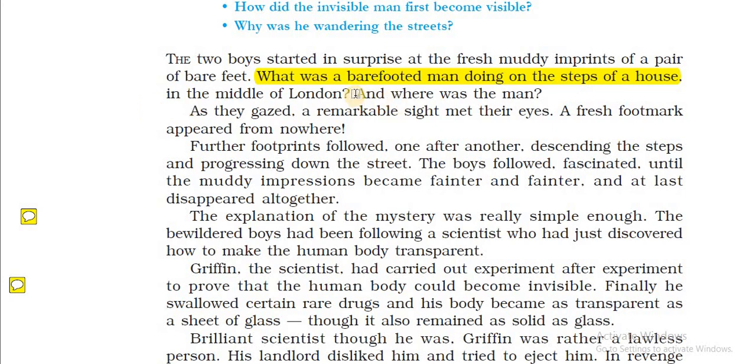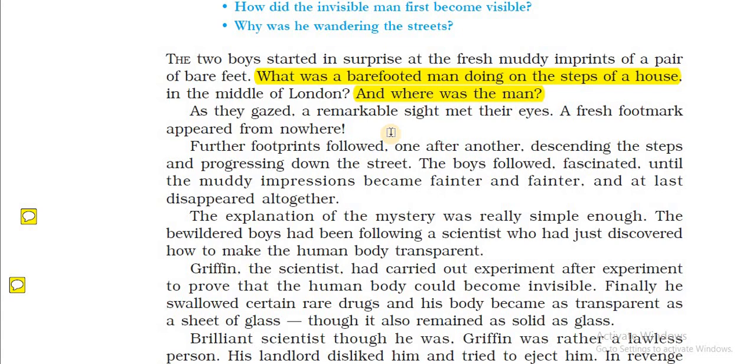And where was the man? The biggest question was, the footprints were there, but where was the man who imprinted those footprints? As they gazed, a remarkable sight met their eyes. A fresh footmark appeared from nowhere.